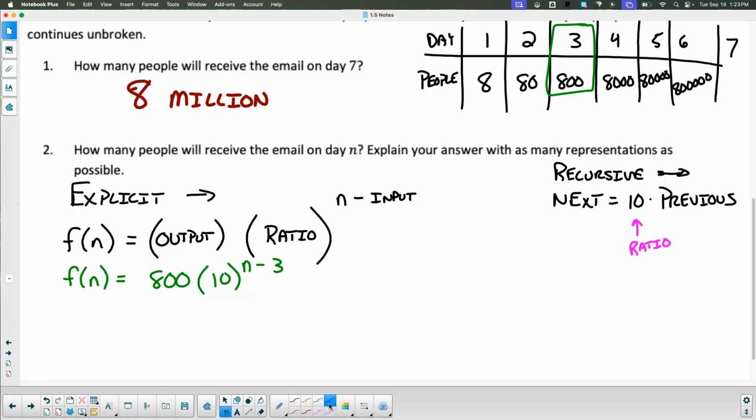Let's say you wanted to use this one, your first one. Then your function would be f of n is equal to, my output is 8, my common ratio is still 10, but now it is n minus 1. There. And that will also work.